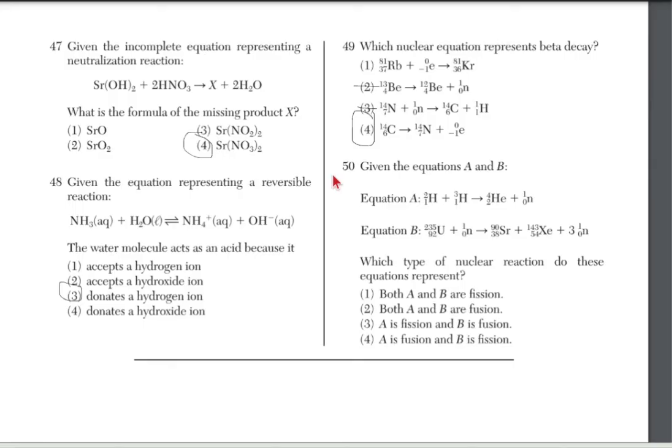This shows fusion. Equation B shows a uranium atom with an atomic mass of 235 split into 2 nuclei, a strontium nucleus with an atomic mass of 90, and a xenon nucleus with an atomic mass of 143. So, equation A is fusion and equation B is fission, choice 4.